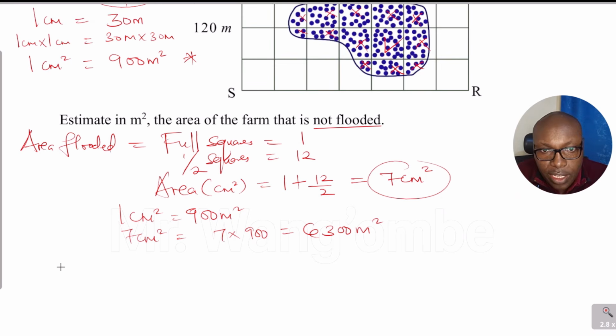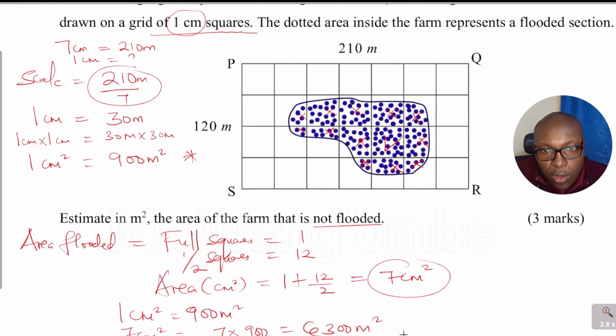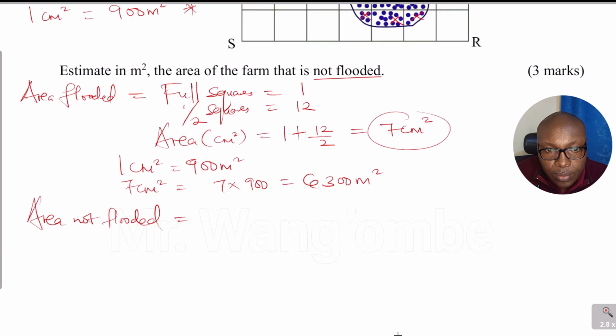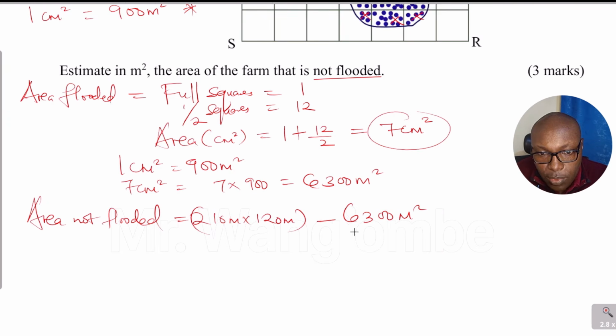Now to get the area that is not flooded, we said you're going to get the area of the rectangle PQRS, which is 210 times 120 meters, and then we subtract the area that is flooded, which is 6,300 meters squared.